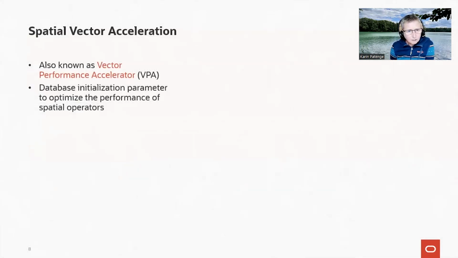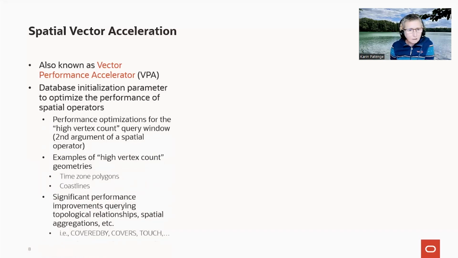One thing I highly recommend you to check is a feature in the Oracle database called Spatial Vector Acceleration, also known as Vector Performance Accelerator. This is enabled using a database initialization parameter, and you can set it on or off, or enable or disable it.